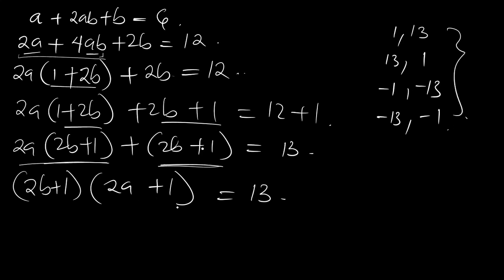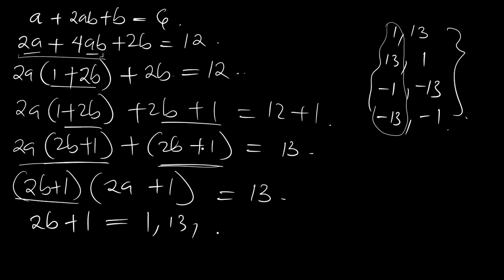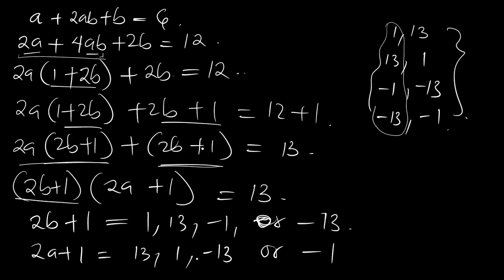So we can say 2b plus 1 is equal to 1, 13, minus 1 or minus 13, then 2a plus 1 is equal to 13, 1, minus 13 or minus 1, so that when you multiply, you get 13. 13 times 1 is 13, and minus 1 times minus 13 is 13.